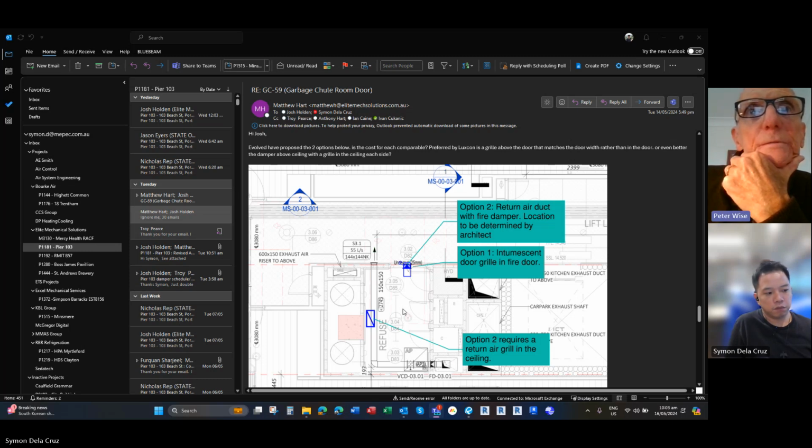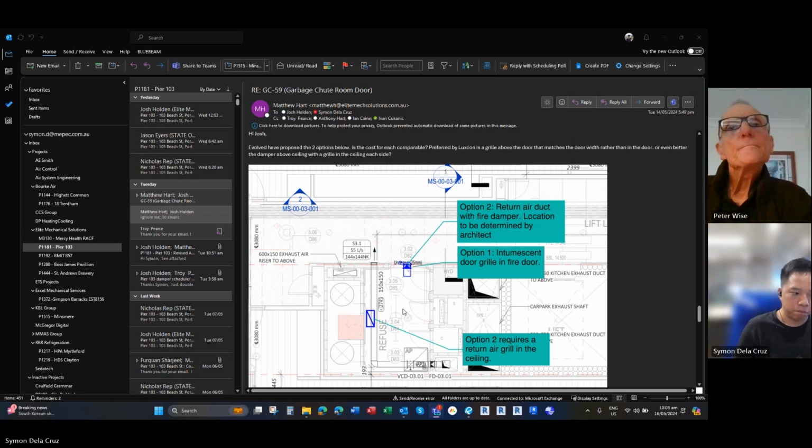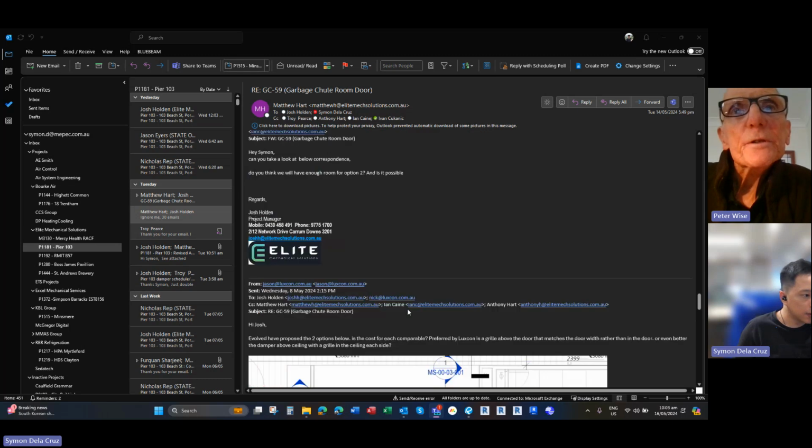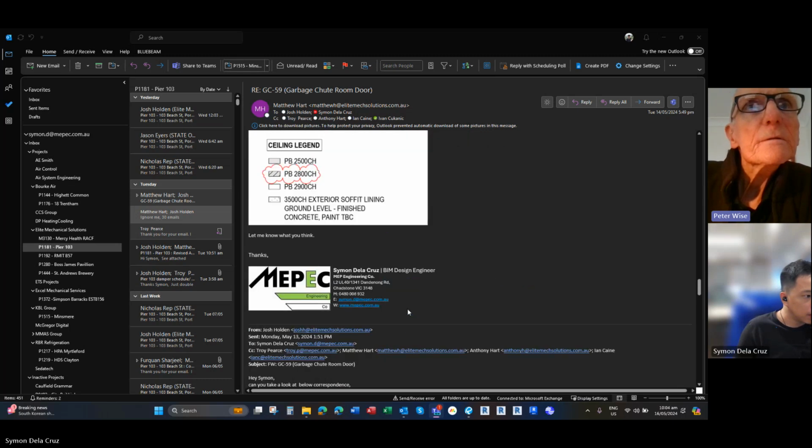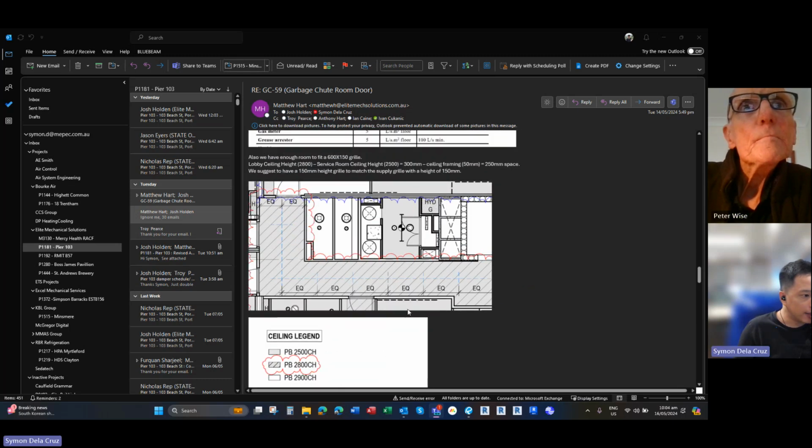Option 2 requires a return air grill in the ceiling. So who are you working with? You're talking to a consultant about this, are you? Or with Matt.